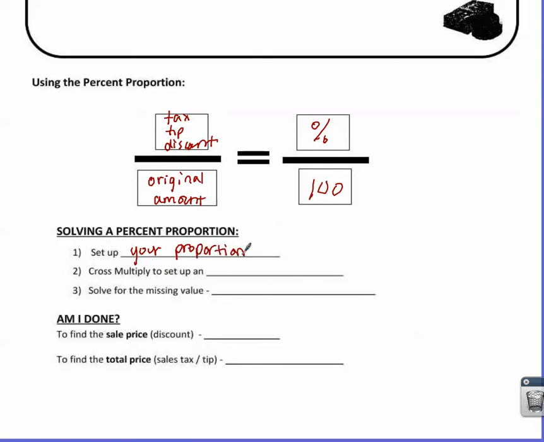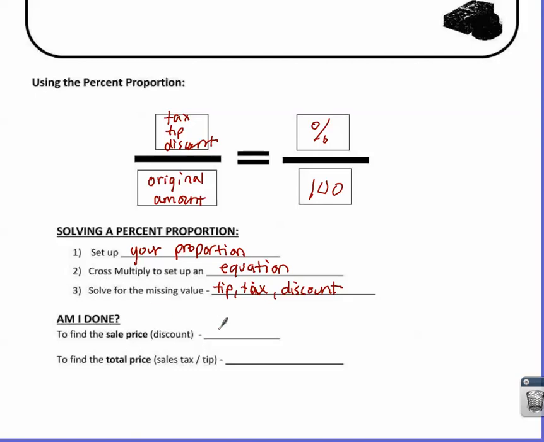You need to show your work. You can't just write an answer. So then you cross multiply or use the butterfly method to set up an equation. And then you want to solve for the missing value, which could be your tax, tip, discount, could be your percent, your original amount, depending on what is missing. And then, am I all done?